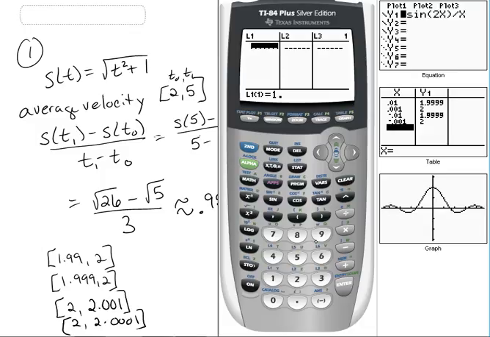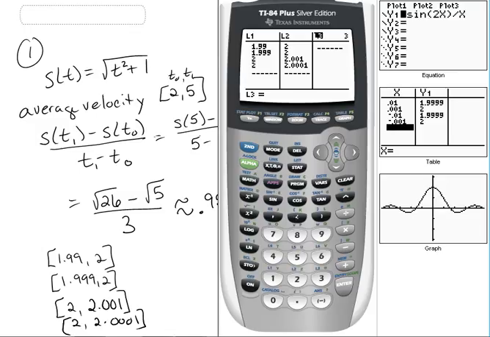So we had 1.999, and then 2, and then 2. And then in L2, put the right-hand endpoints. So this would be 2, 2, 2.001, and then 2.0001.